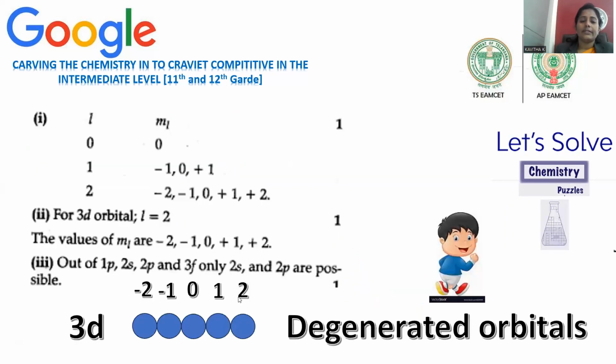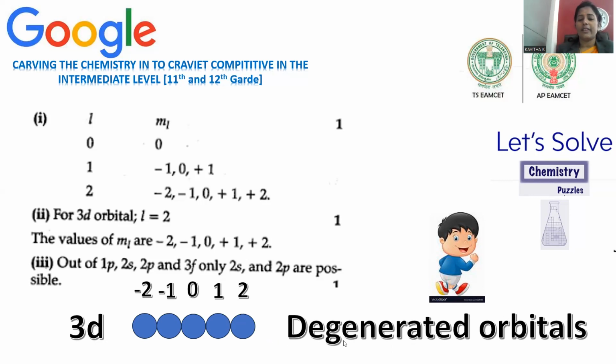Move on to the second. Here, n value is taken as 3, and l value is given as 2, so this is the 3d shell. For the 3d shell, the m values are -2, -1, 0, +1, and +2, because d orbitals are 5. All 5 orbitals are said to be degenerate. Degenerate denotes that all orbitals have equal energy.